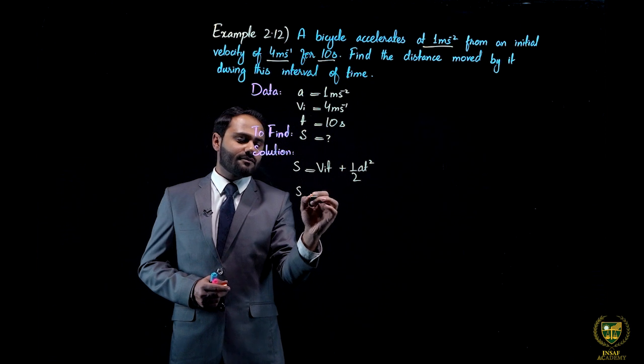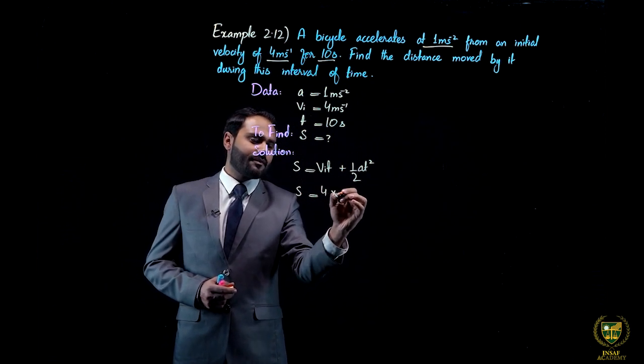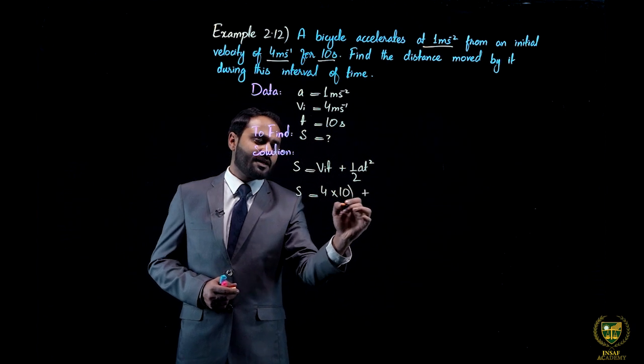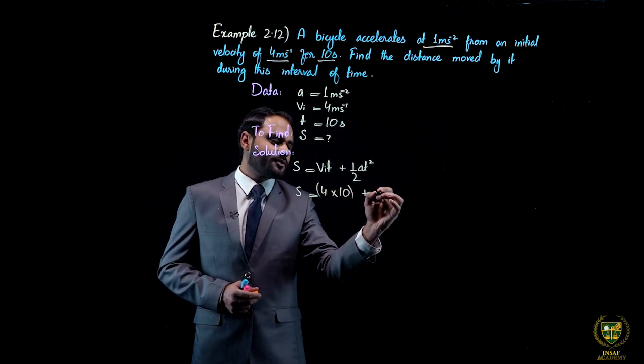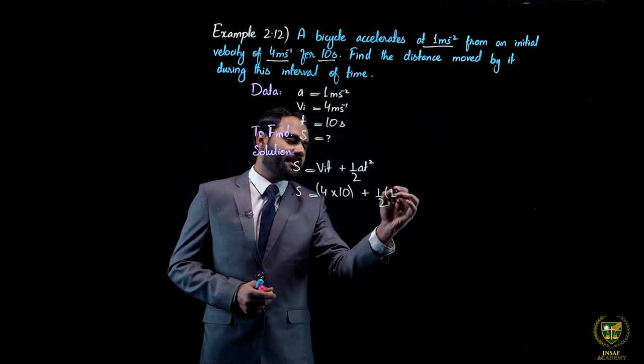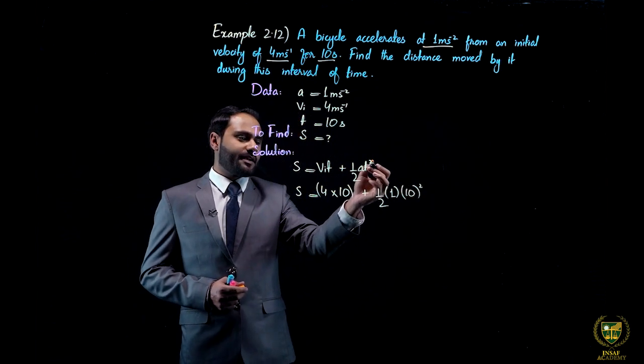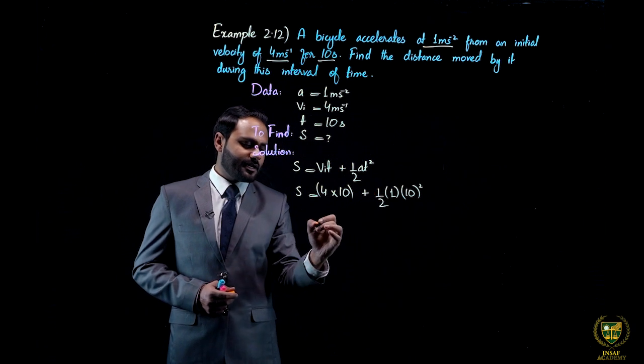So S is equal to Vi, which is 4, into time, 10 seconds, plus 1 by 2, acceleration A is 1 meter per second square, and time t is 10 seconds. Since it is t square in the formula, the square of 10 comes as 100.